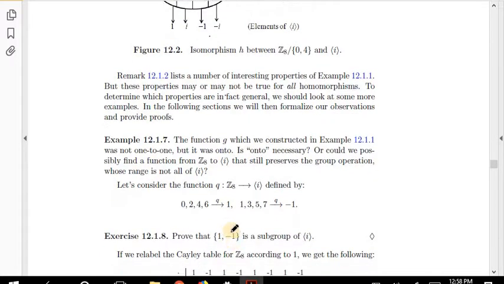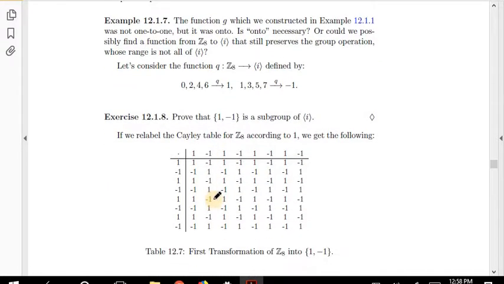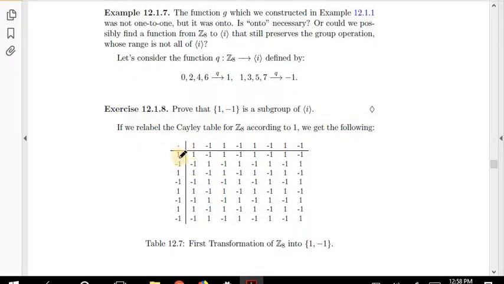Okay, and we can see that if we relabel this Cayley table for Z8 according to the mapping, that is, 0, 2, 4, and 6 we replace with 1, and 1, 3, 5, and 7 we replace with minus 1, we get this table. If we cross out redundant rows and columns, then we'll just get this table in the corner here, which is the multiplicative table for this two-element group.